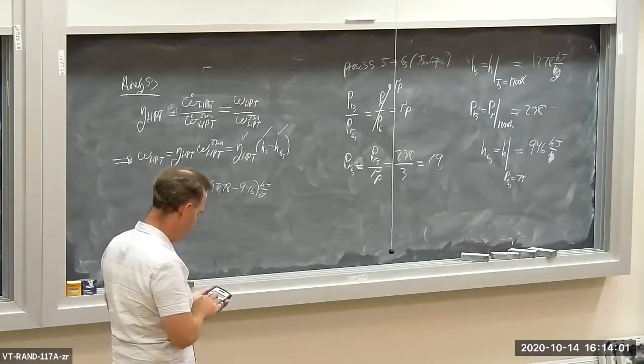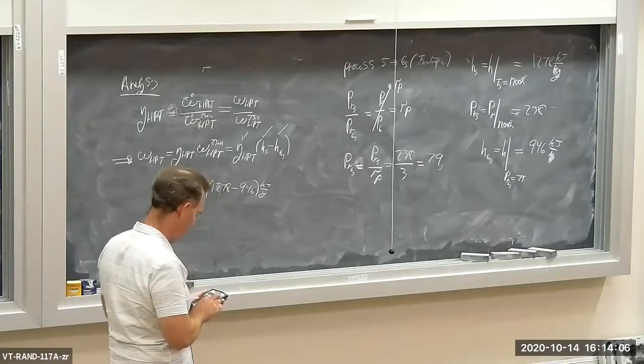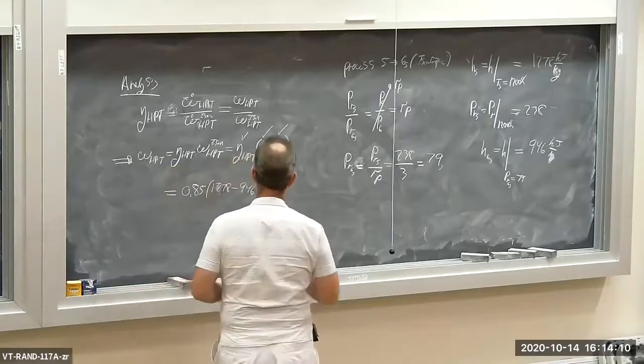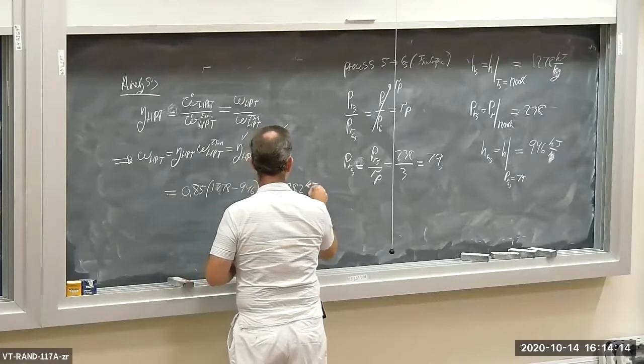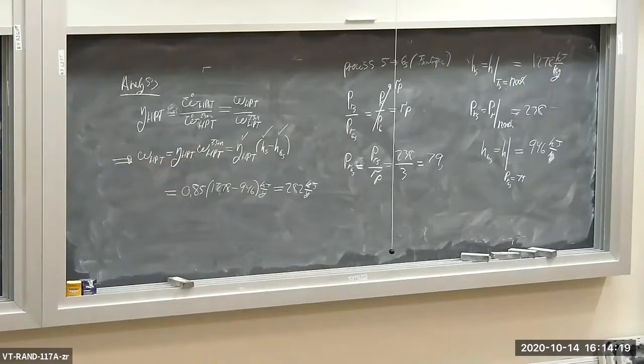So 1278 minus 946 times 0.85 gives 282 kilojoules per kilogram. So that's the specific work for the high pressure turbine. Let's write that in our results.